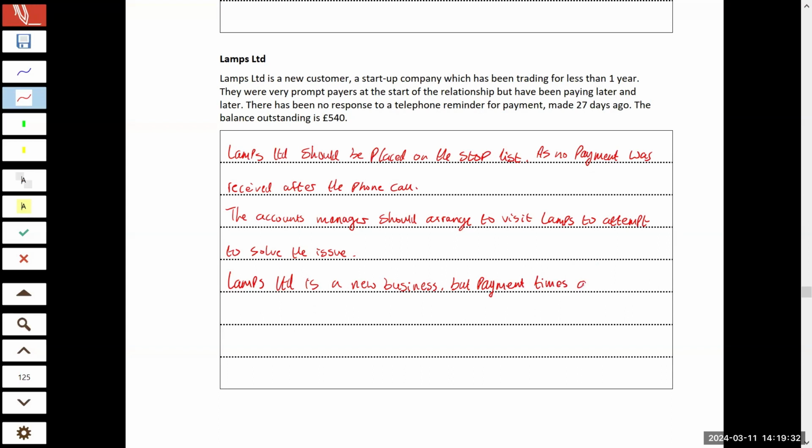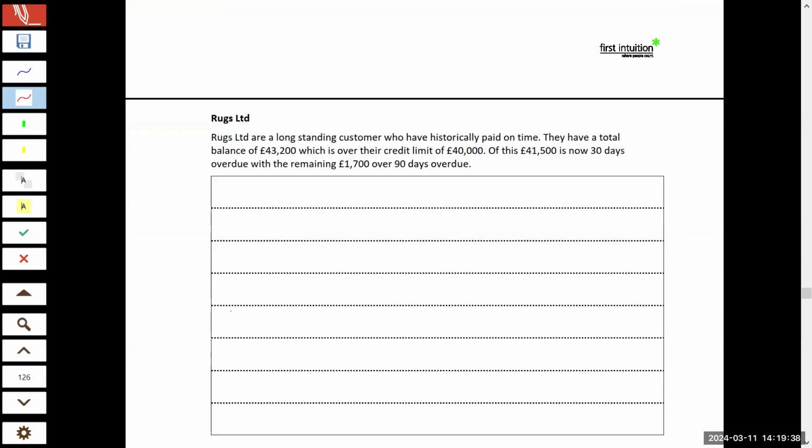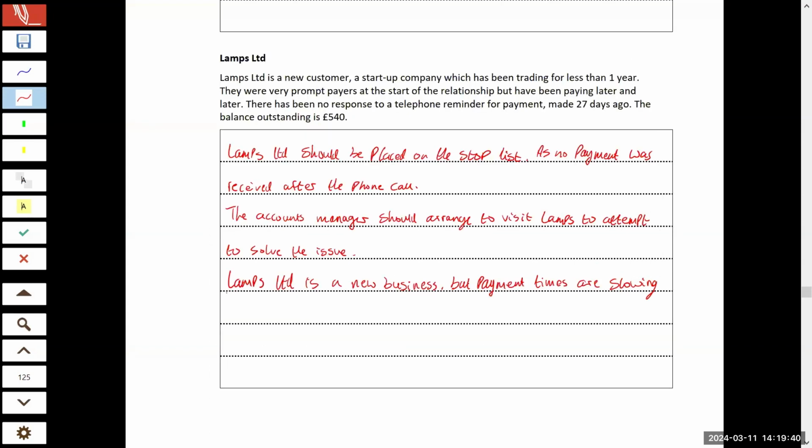Those times are slowing. And we'd make a provision against this debt, wouldn't we?